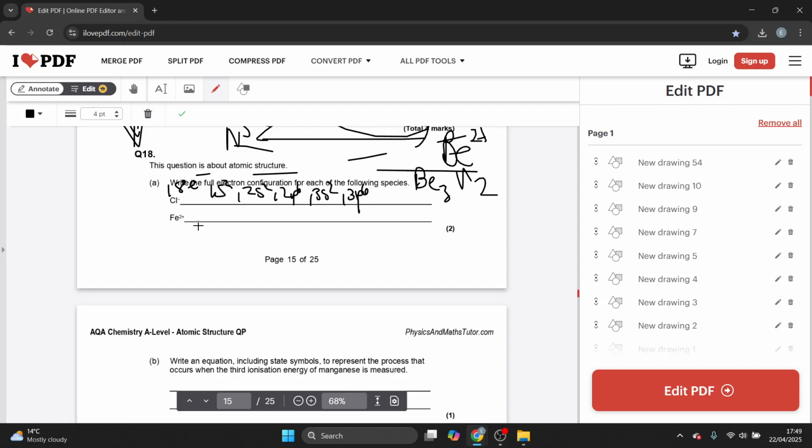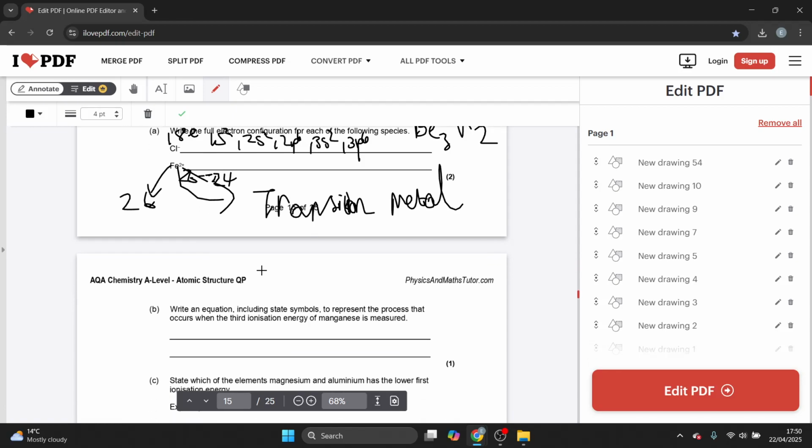Fe2+. When we think about iron, it is a transition metal, and this will help massively with this question because you know it's a transition metal, you lose the 4s electrons before the 3d. So what I always like to do is just draw it out initially. Iron has 26 electrons, then with the 2+ charge it's got 24, 26 minus 2 equals 24.